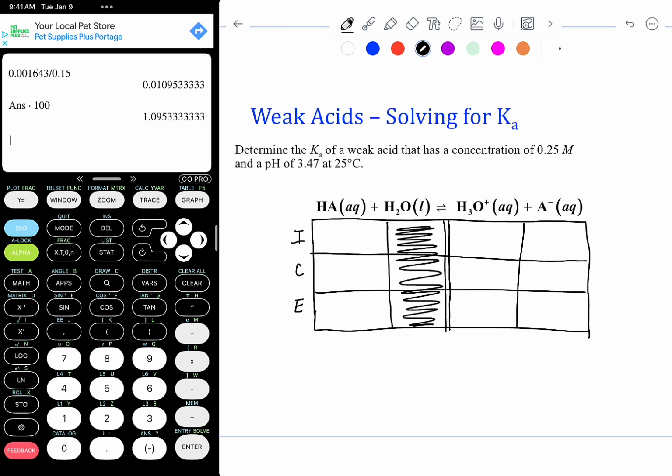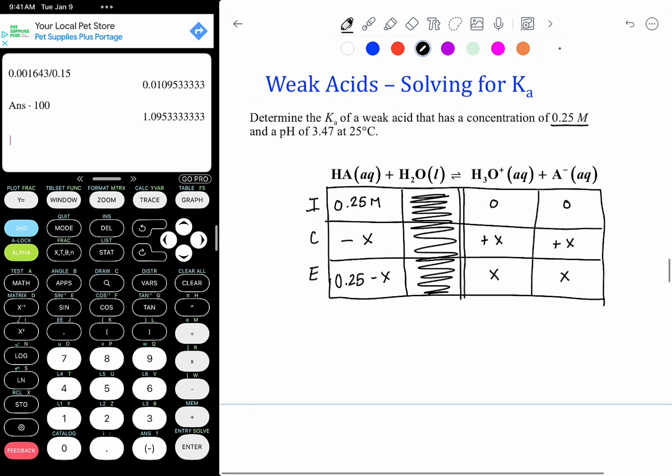We can just black it out so we know we're not going to put anything there. We know our initial concentration of the weak acid, and that is 0.25 molar. We know that our initial concentration of H3O plus and A minus are both 0. Our change row is always the same, minus x plus x plus x. So we get 0.25 minus x, x, and x.